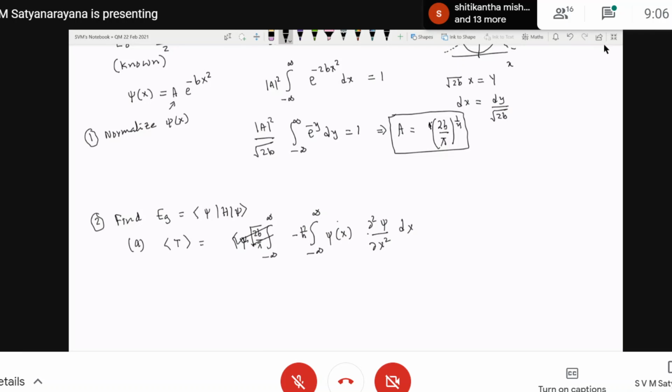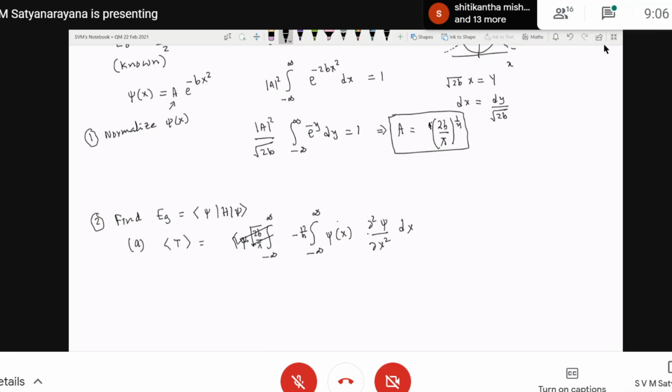So then you have h bar square A square by 4b square divided by (2b) to the power 3 by 2, because one 2b comes from here and root 2b comes from here, and integral minus infinity to infinity y square e to the minus y square dy.